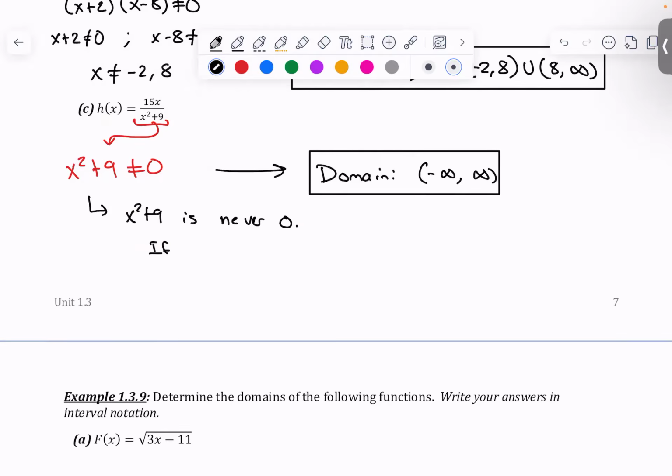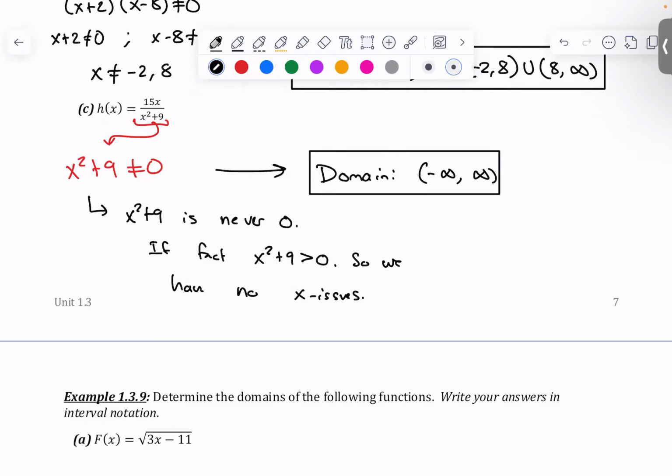In fact, x squared plus 9 is strictly greater than 0. So we have no x issues. x squared plus 9 is always strictly greater than 0 because 9 is a positive number and x squared is a number greater than or equal to 0.